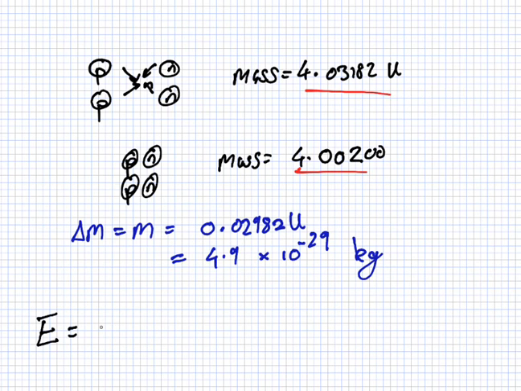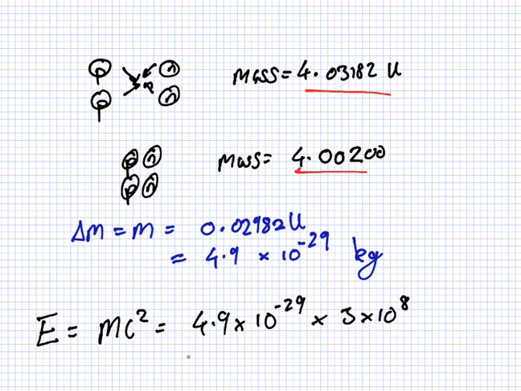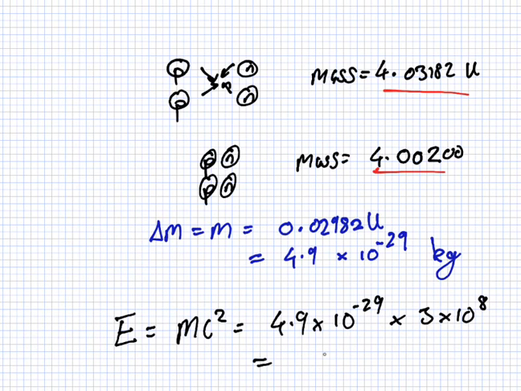It's equal to mc squared, which is 4.9 times 10 to the minus 29 times 3 times 10 to the 8, squared. Oh, my goodness, thank you. Did we forget to square in the last one?